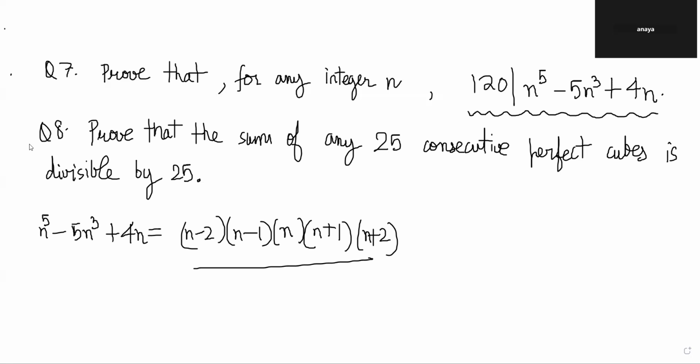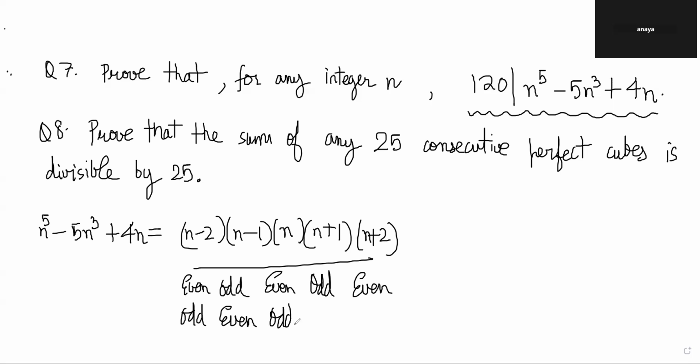It's easy only as long as you think about these being 5 consecutive numbers, right? You can start with even, odd, even, odd, even, or you can do odd, even, odd, even, odd, right?